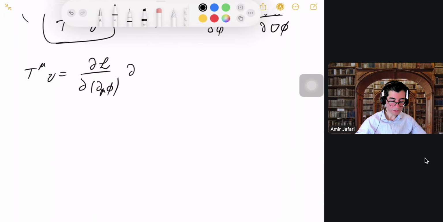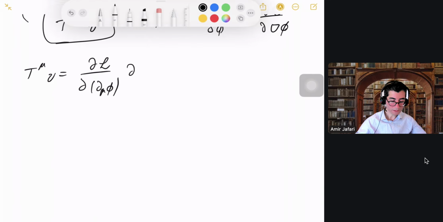Okay. So if you do this, or you can stick with this simple relation and write it in this way, it doesn't matter, assuming that you have this relationship and you are working with a real field.